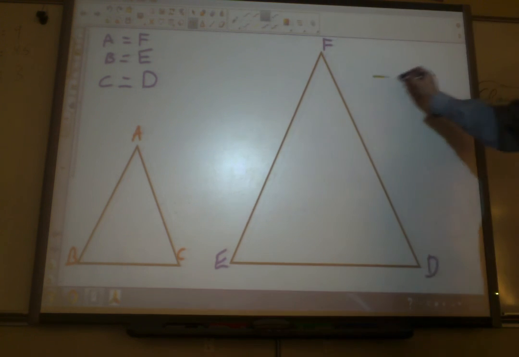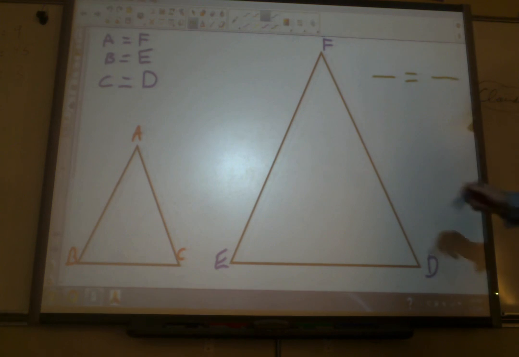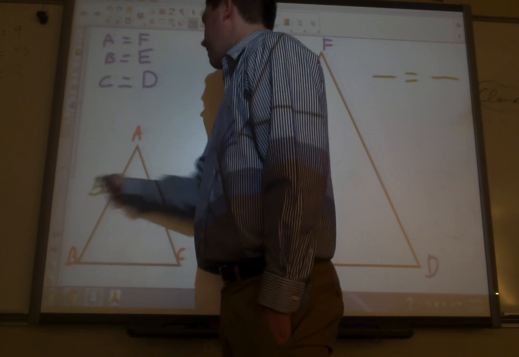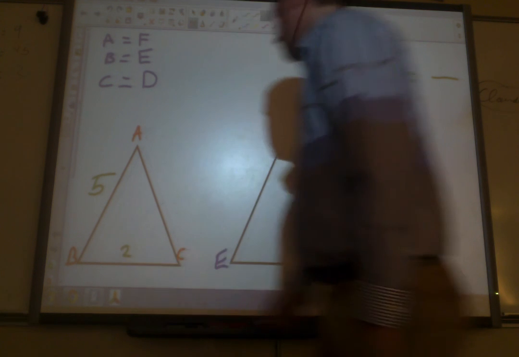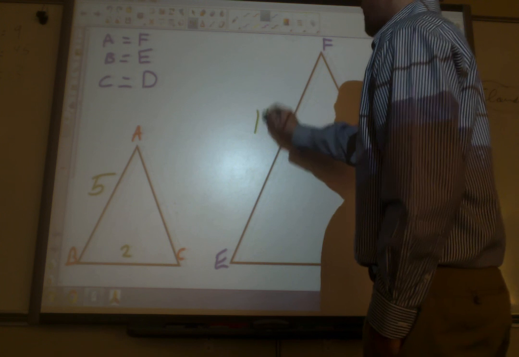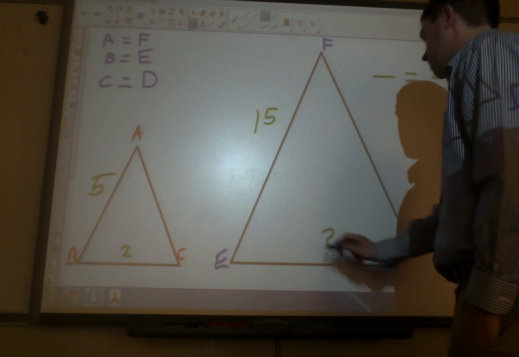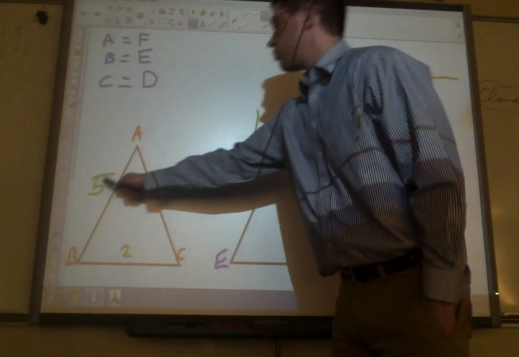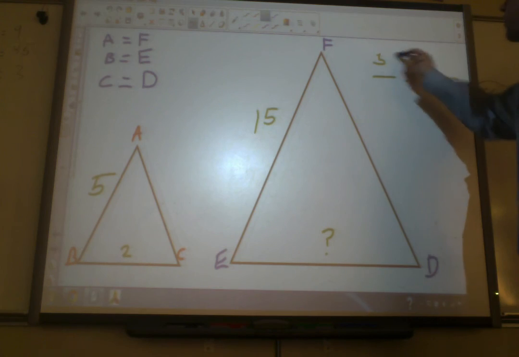So, to make this a proportion, let's say that this is side length 5, and this one's 2. We'll say that this is length 15, and we don't know what this is. We've got to solve it through proportions. Putting in numbers, we'll put this 5 here.